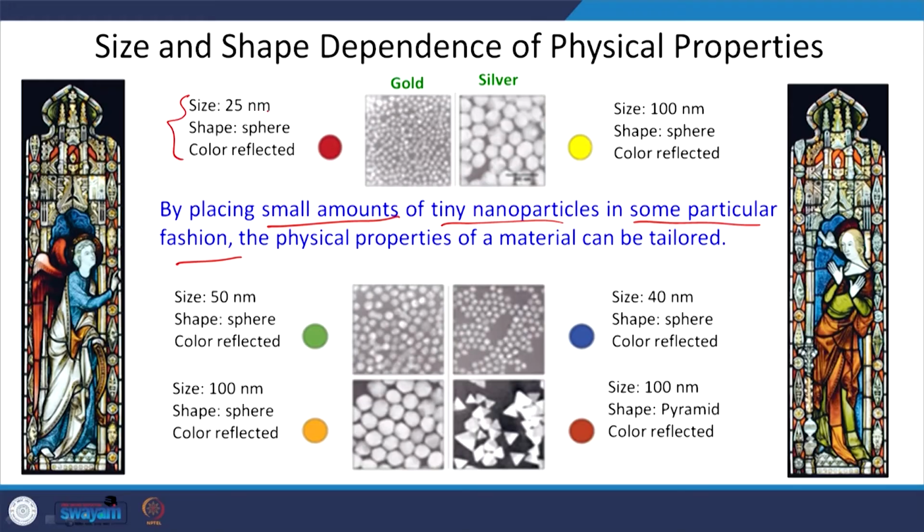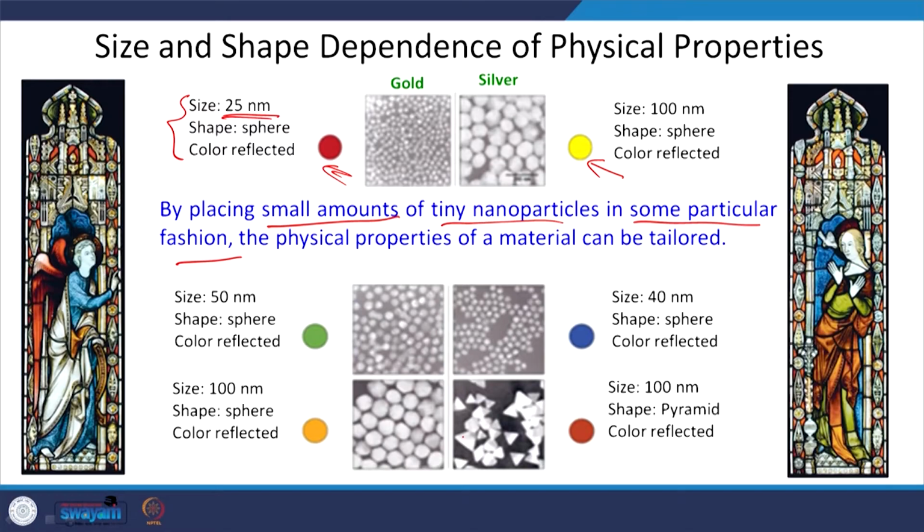While refluxing these glasses, they will add precursors of metal, and that will turn into nanoparticles in the molten stage, and then they will cast it like that. For example, here a 25 nanometer nanoparticle of gold appears red in reflected light, while 100 nanometer shows yellow. There are different colors because of different sizes and shapes.